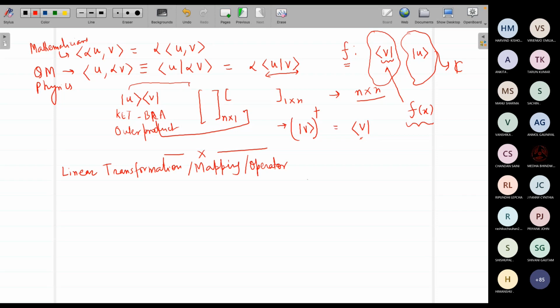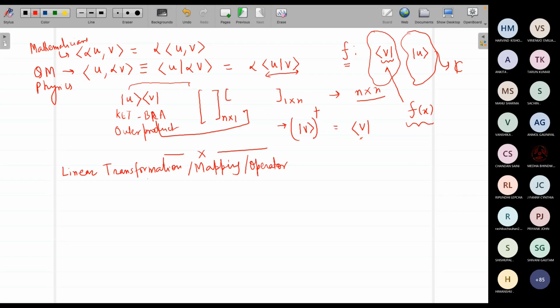As the name suggests, they operate on these vectors, like psi1, or a vector like u or v, and then they will do something on that. It may be a position operator. For example, if I want to measure position, I replace it by the position operator, I operate it on a ket, and then I should get some result which should be some number. This is what we want to do. So we will reach there as time progresses.